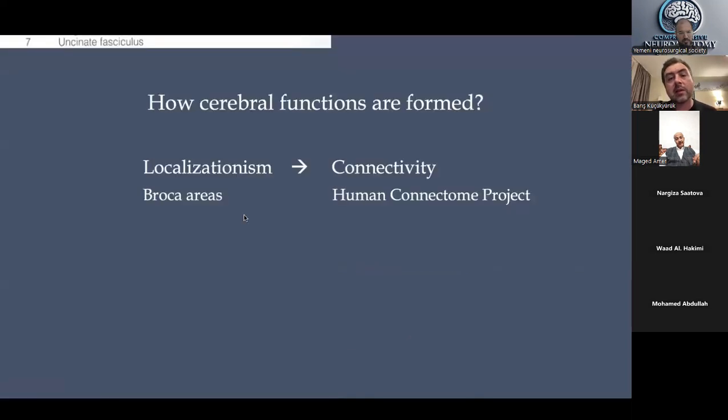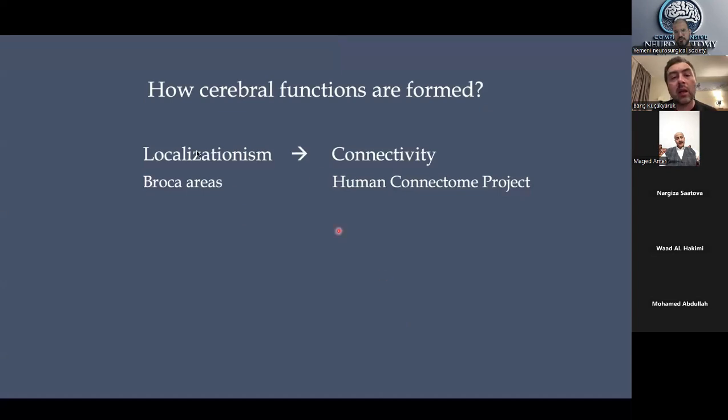So let's look again at what I'm trying to say. In older times, when Broca and Brodmann defined the Brodmann areas, like Broca area, they talked about localizationism of function in the neocortical part.